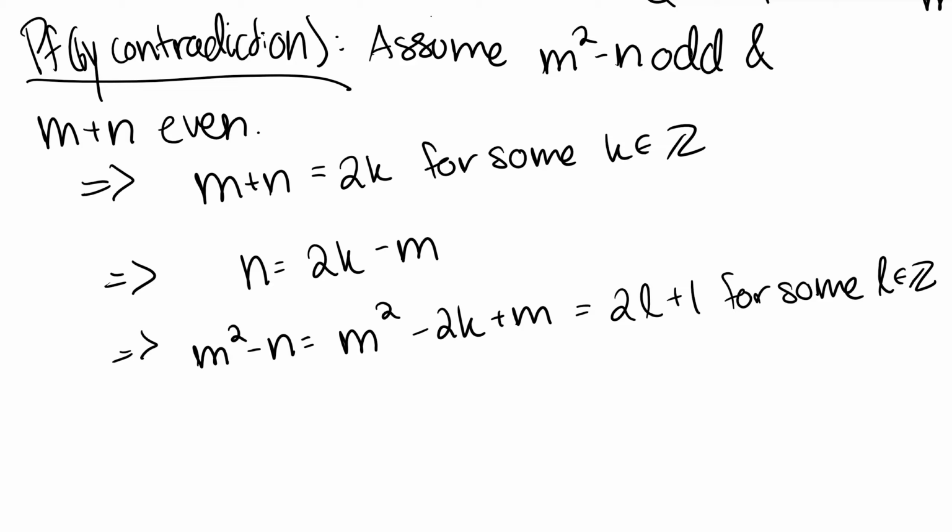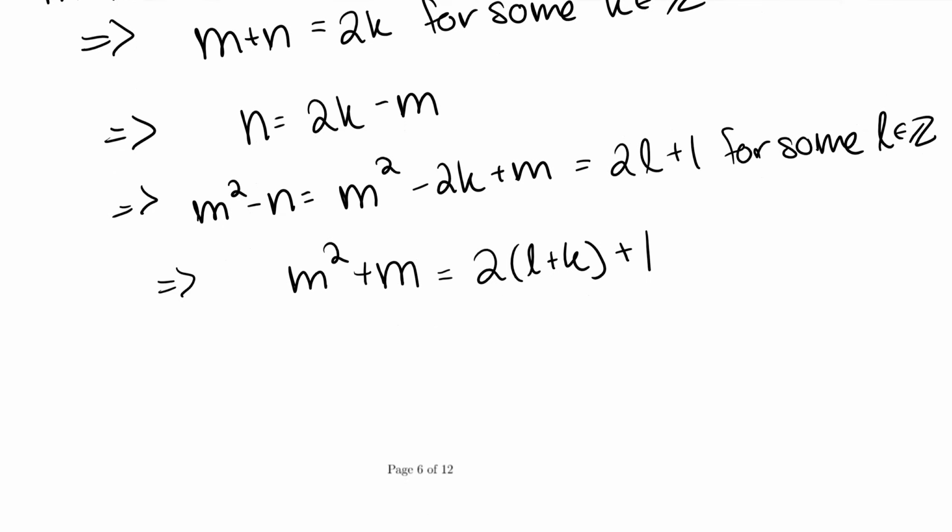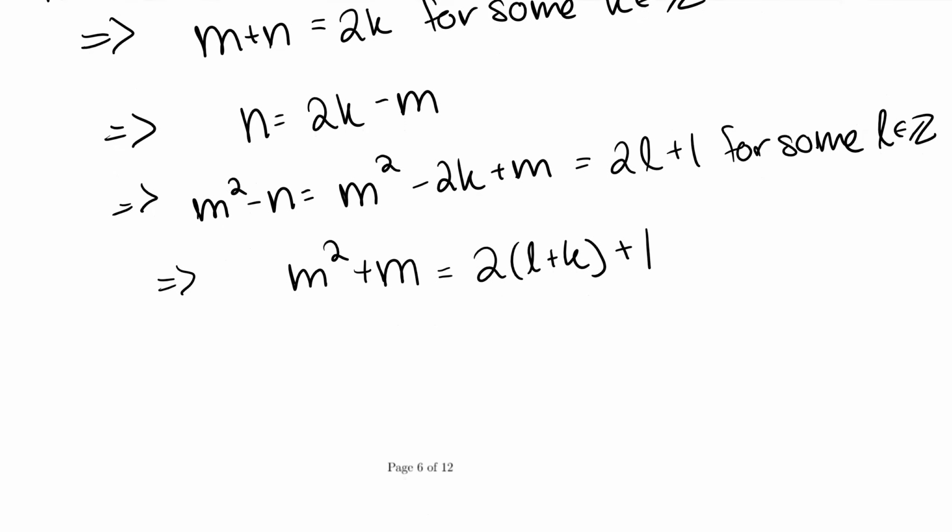Now this is where things get interesting. m squared plus m equals 2 times l plus k, where I added the other side, plus 1. Still odd.